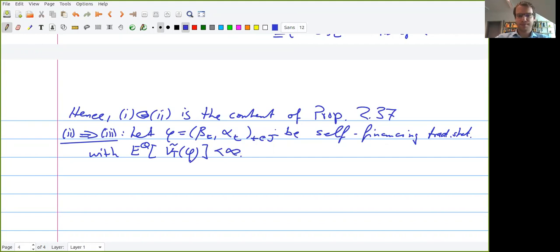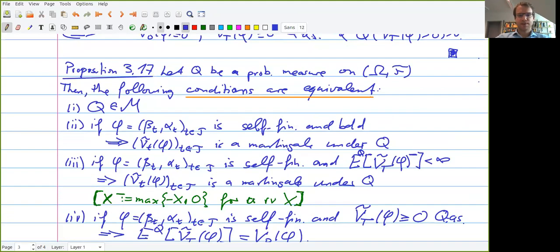These are the conditions we have here. If you look at III, this is our assumption, and now we want to show that if we assume II, then the associated discounted value process is a martingale.